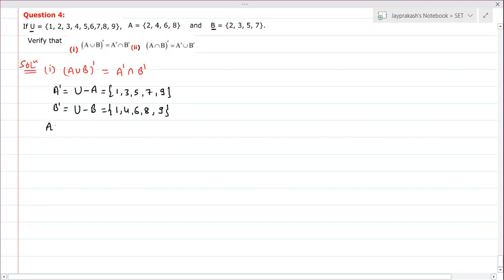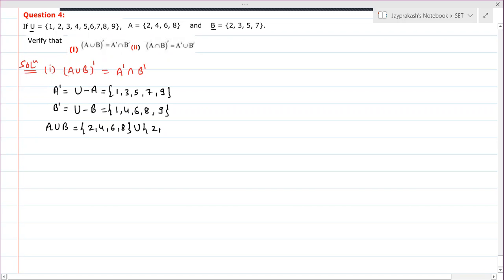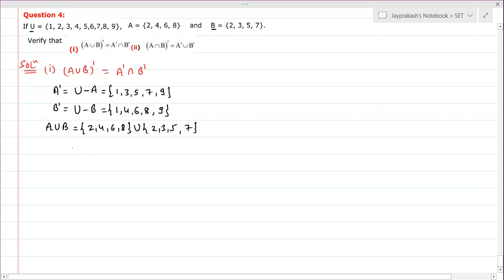Now the third one is A union B. So your A union B means 2, 4, 6, 8 union with B, 2, 3, 5, 7.